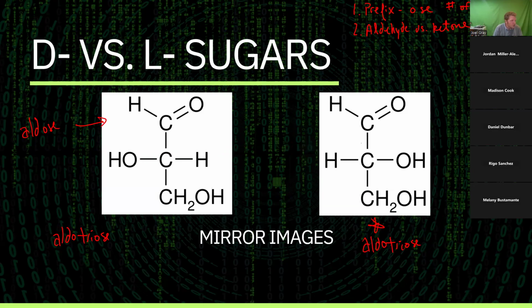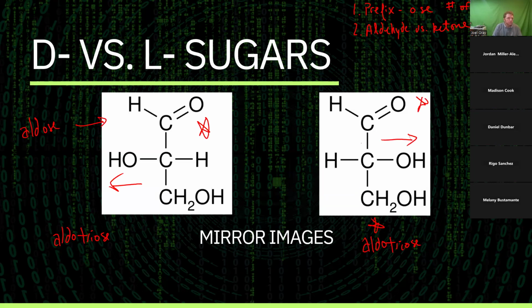So the question is, what does the chiral carbon have on it and where is it positioned? The chiral carbon in both of these sugars has a hydroxide group and simply a hydrogen. The hydroxide group on this molecule is on the left-hand side. The hydroxide group on our other molecule is on the right-hand side.